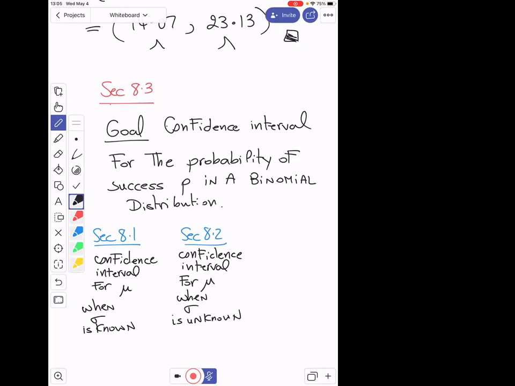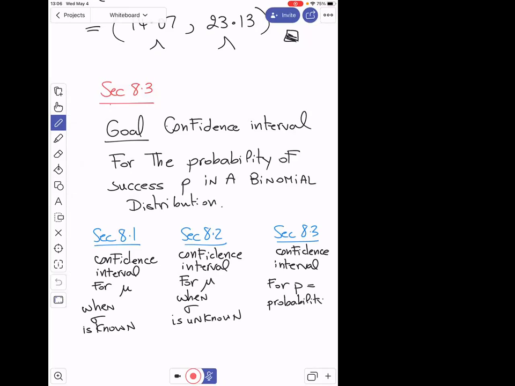Now in 8.3, it's a confidence interval for P, the probability of success in a binomial distribution.